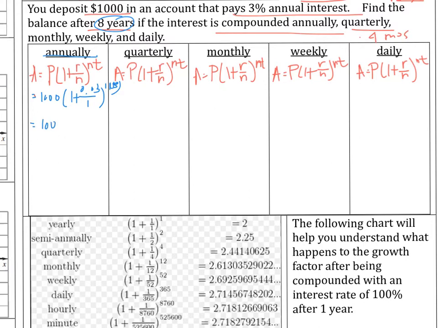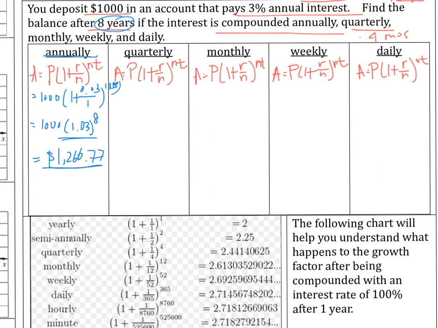And then we could simplify this. And of course, I'm not going to ask you to multiply this by hand. You can go ahead and use the calculator to obtain 1,266.77 as your new balance after 8 years.